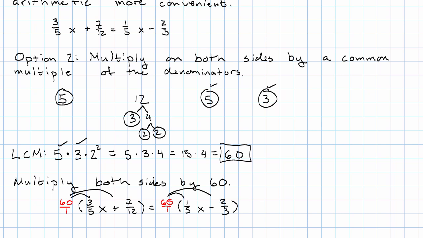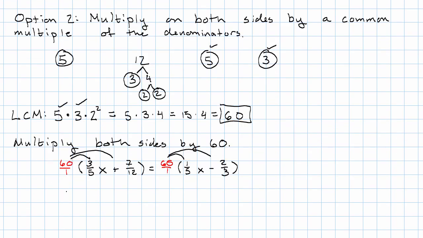Distributing on both sides, I'll have 180 over 5 times x plus 420 over 12 equals 60 over 5 times x minus 120 over 3.